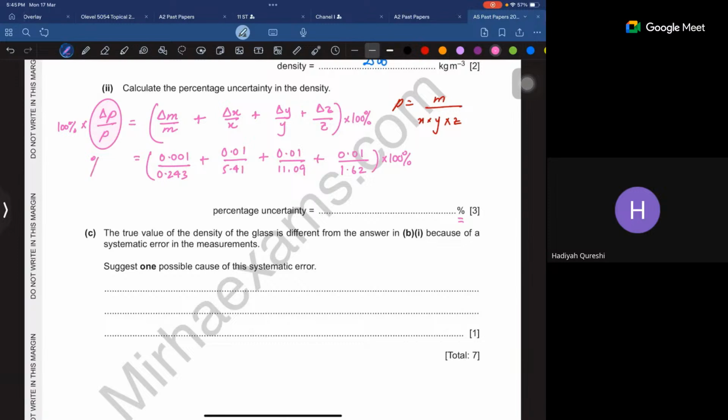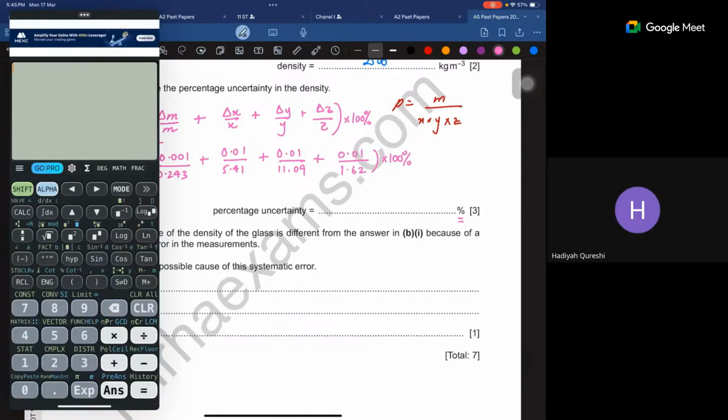Okay, so now for percentage uncertainty, very carefully just add everything in the calculator. If I were you, I would use this function: 0.001 divided by 0.243 plus 0.01 divided by 5.41 plus 0.01 divided by 11.09 plus 0.01 divided by 1.62, multiplied by 100.